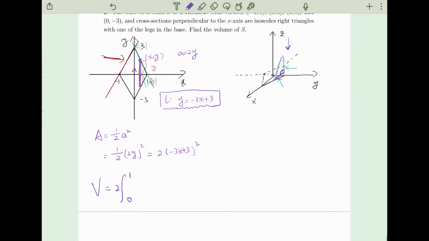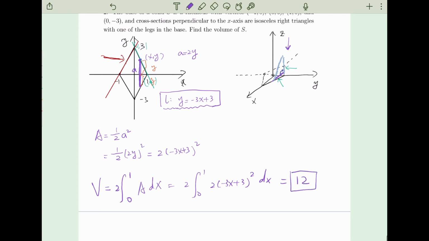So from 0 to 1, the area dx, plug in this area squared dx, okay. And then skipping the computation, we find that the final answer is 12.